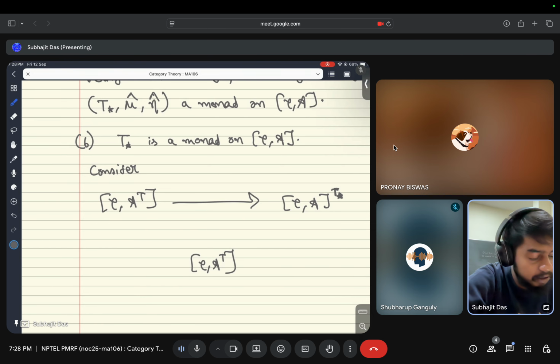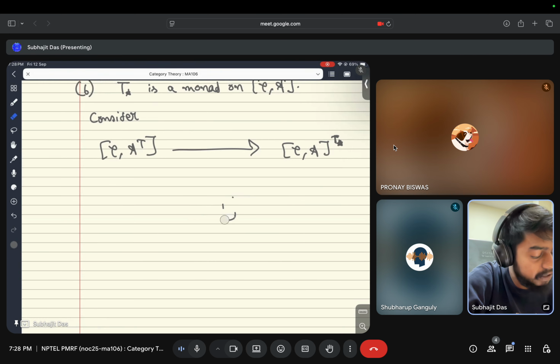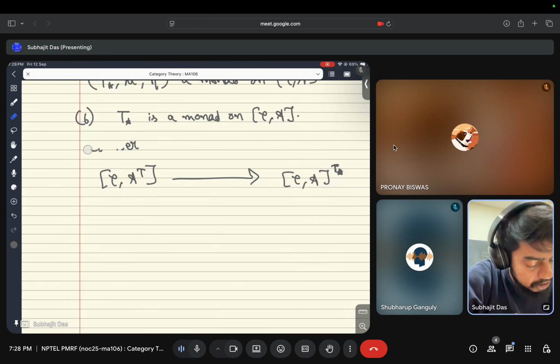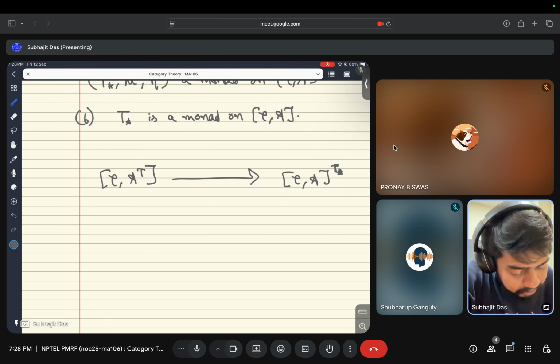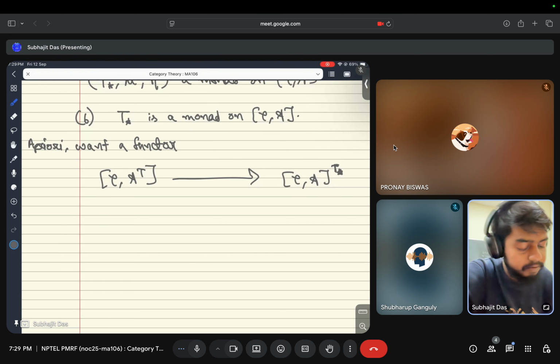We'll come to the explicit formulation of the functor. But let's focus on the adjunction. Okay, so let me do this in two different ways. Actually, we won't write much, but let's say a priori we want a functor from C comma A power T to C comma A power T star.